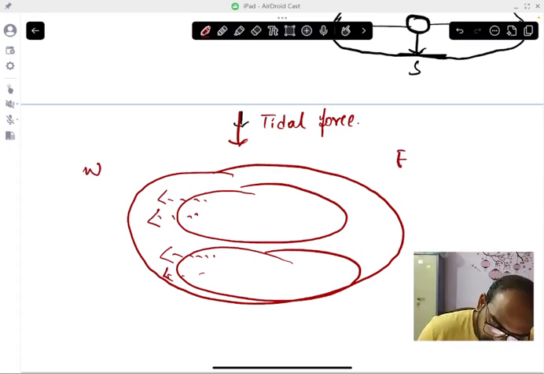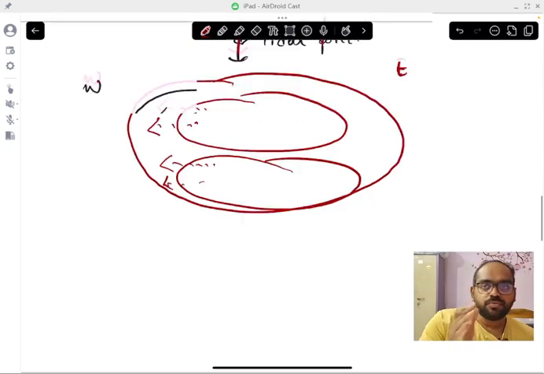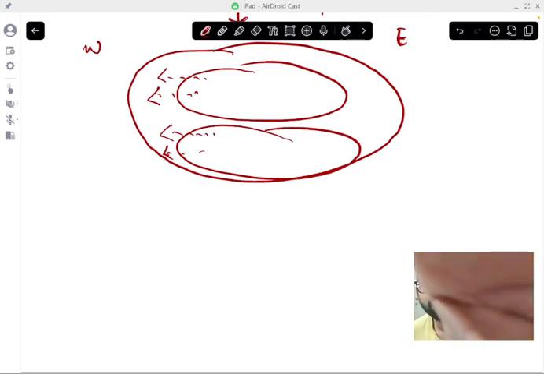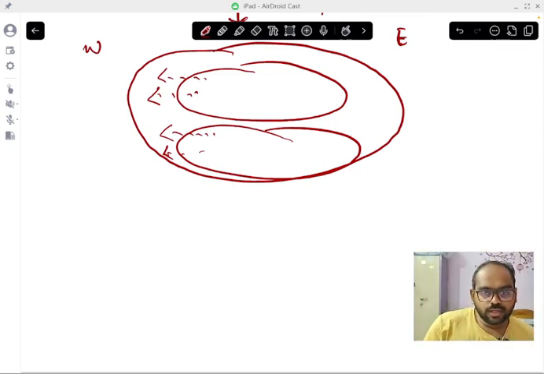Due to the westward movement of Laurasia and Gondwana, Laurasia got divided into North America, Europe, and Asia. Gondwana got divided into South America, Africa, India, Australia, and Antarctica.